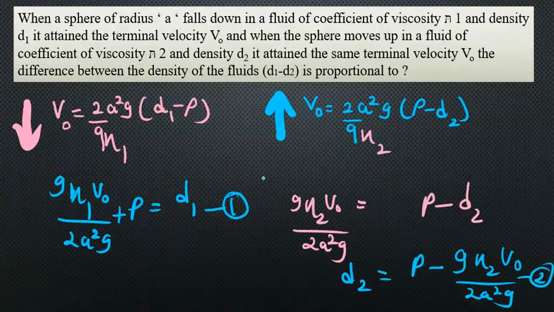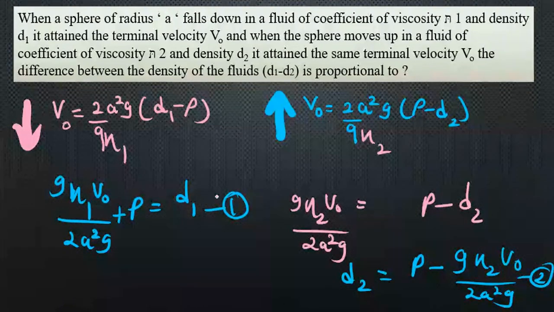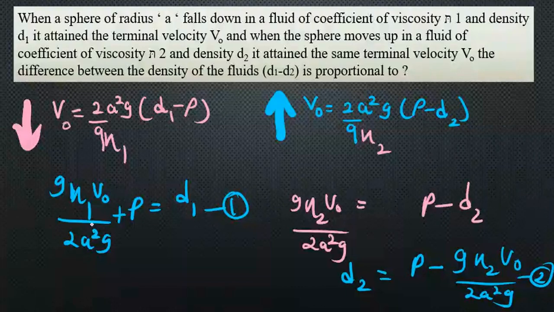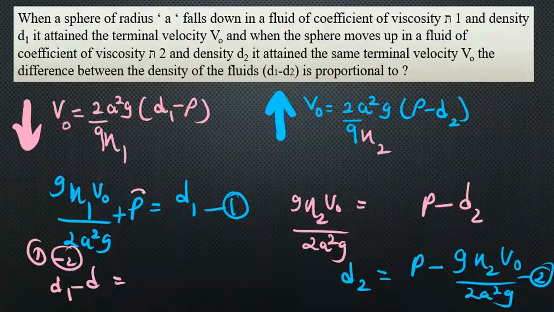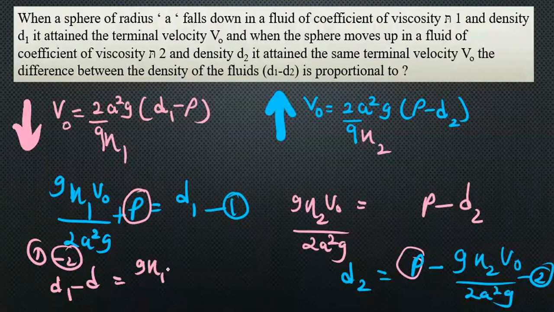So what we have to do is subtract the second from the first, so it's d1 minus d2. So from this side we'll be getting d1 minus d2. You can see this rho and this rho will cancel off, and I'm getting 9 eta1 v naught over 2 a squared g minus minus, plus 9 eta2 v naught over 2 a squared g.